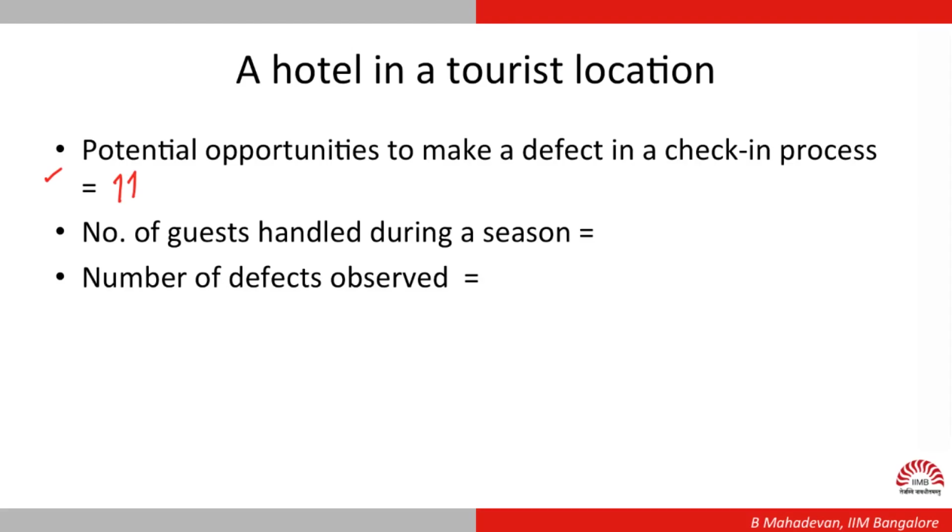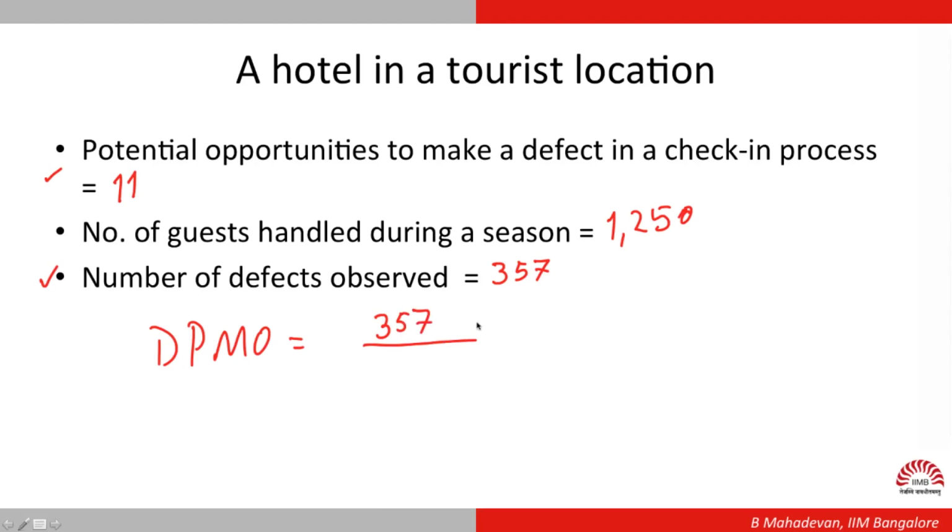In a certain season, let us say 1250 guests were handled through this check-in process, and there were 357 defects observed during that period. So, with this data we should be able to calculate, because we can use the formula: defects per million opportunities is the number of defects observed over the potential defects, which is 1250 guests, each with a possibility of 11 defects.